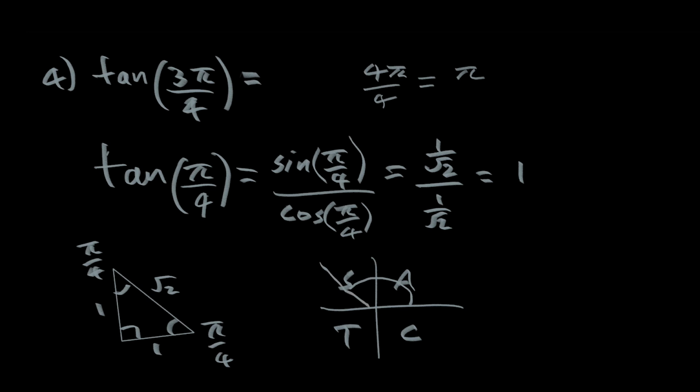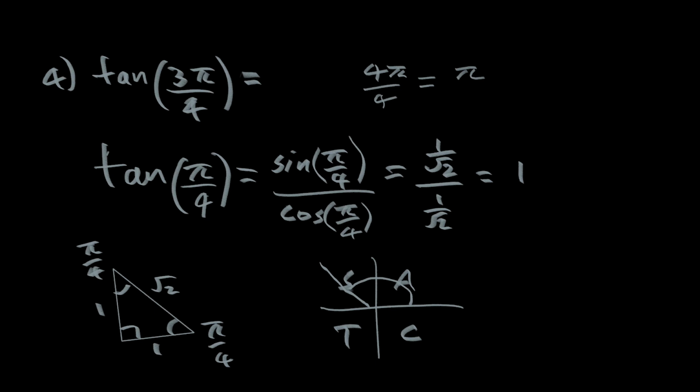When I draw these angles on the CAST diagram, I don't really care how accurately I'm drawing them, because the right quadrant is good enough for our purposes. When we draw the CAST diagram, we're only concerned with determining whether our answer is going to be positive or negative, and to determine that, we only need to place our angle in the correct quadrant.